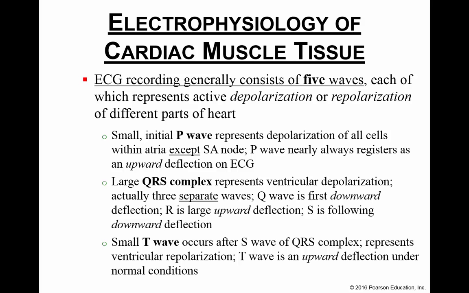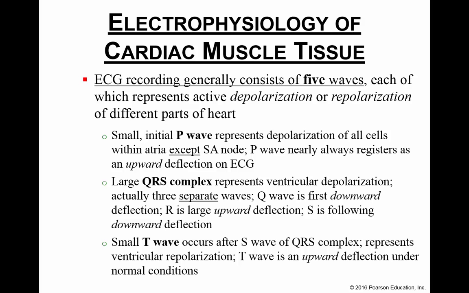There are 5 waves in an EKG, and it shows depolarization and repolarization of different parts of the heart. The initial P wave is very small, and it shows depolarization of all the contractile cells within both of the atria. And so it's just a small upward deflection.